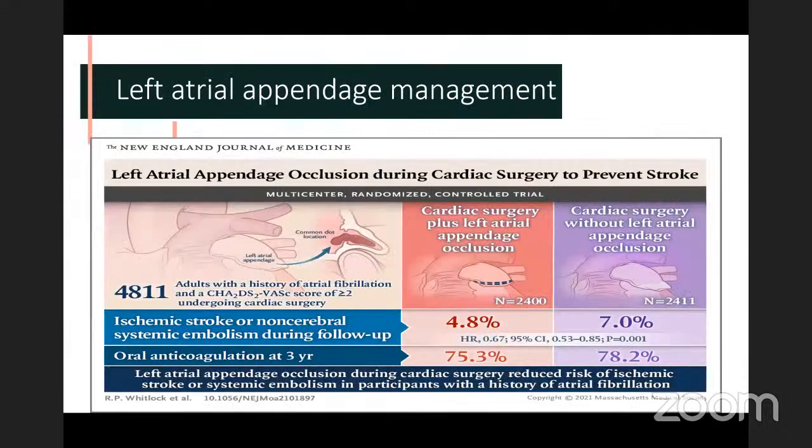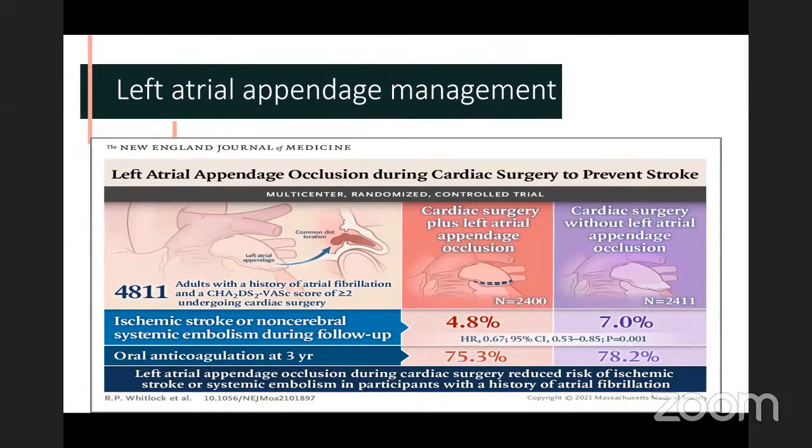Finally, as part of surgical ablation, the left atrial appendage management. This paper is concluding all the papers that have been done studying left atrial appendage closure during cardiac surgery. It was published in the New England Journal of Medicine in 2021 about left atrial appendage occlusion in AFib patients to prevent stroke.